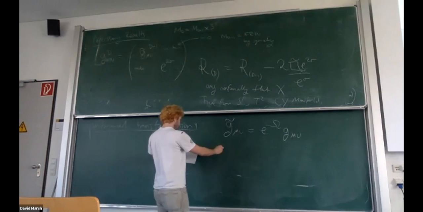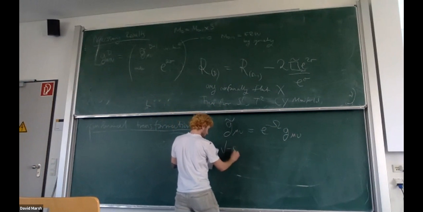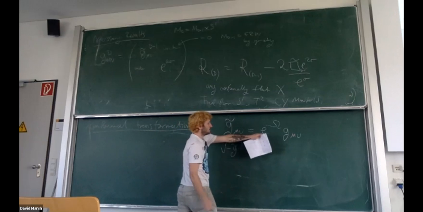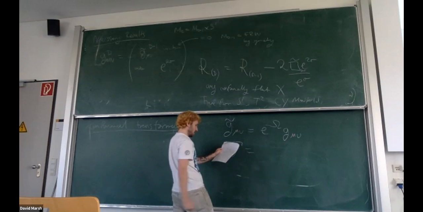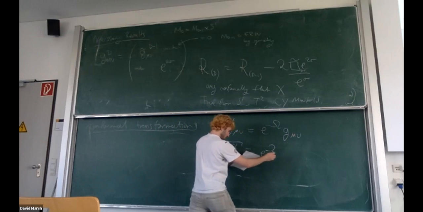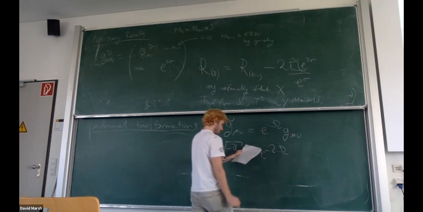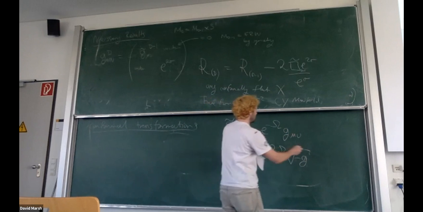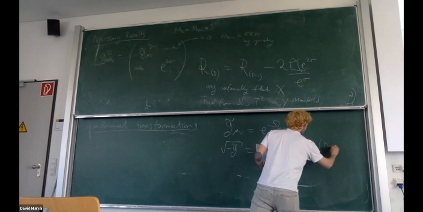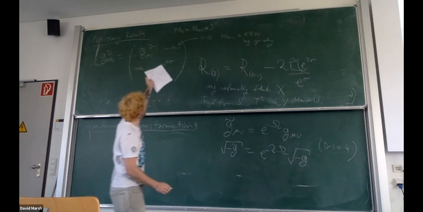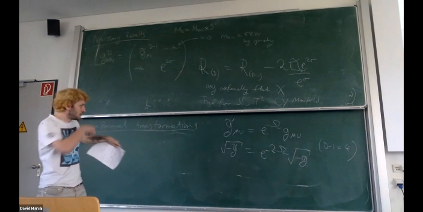When you do this, you can work out how this changes the determinant very easily: square root of minus G twiddle is e to the minus 2 omega square root of minus G. This is when d minus 1 is equal to 4, so I'm compactifying actually from a 5D theory down to 4D.